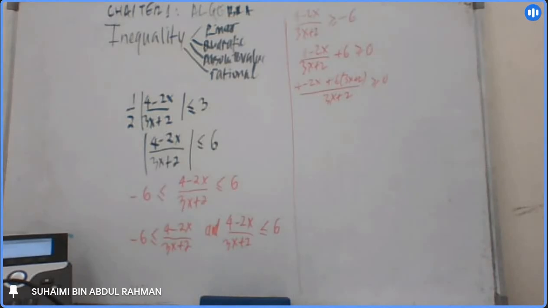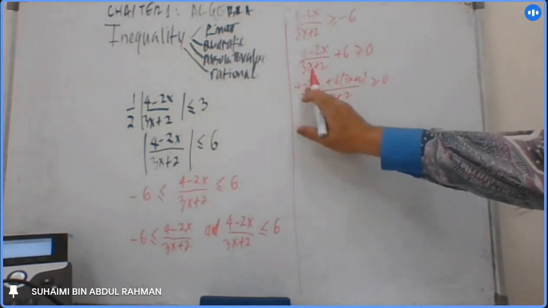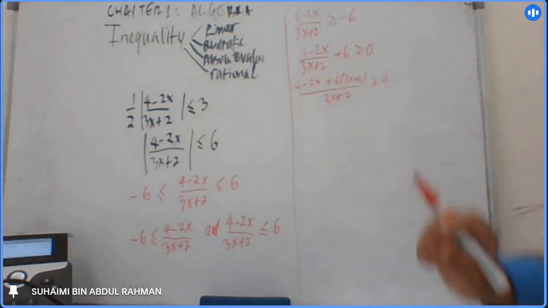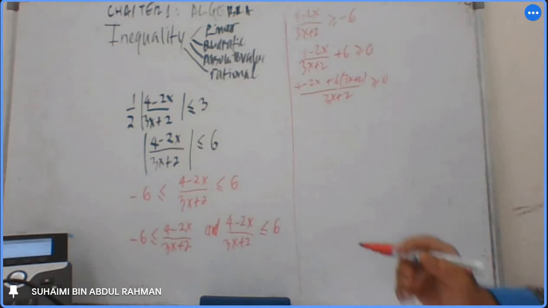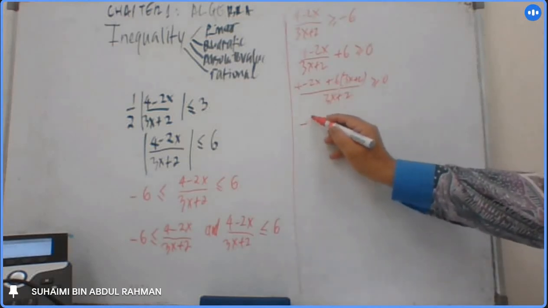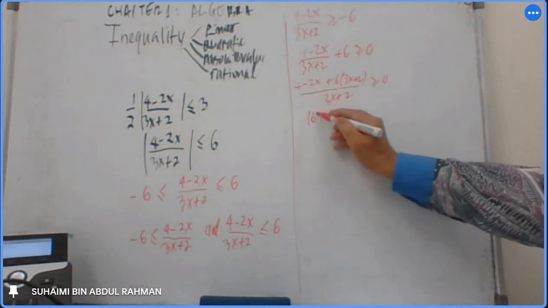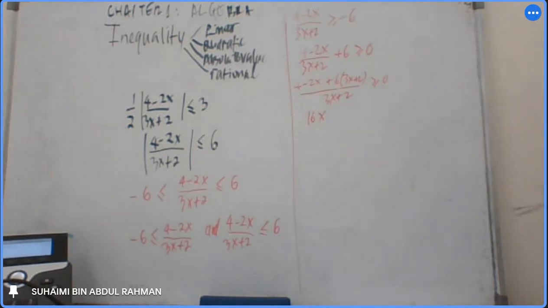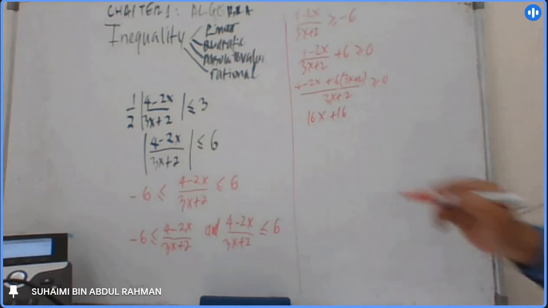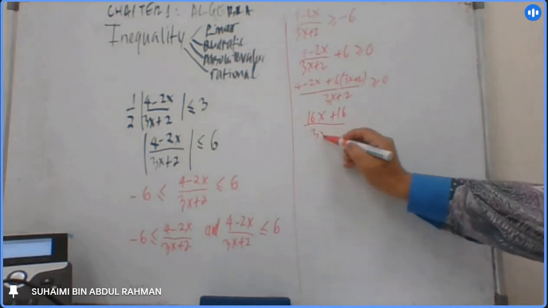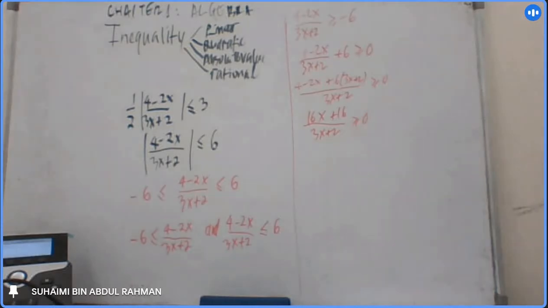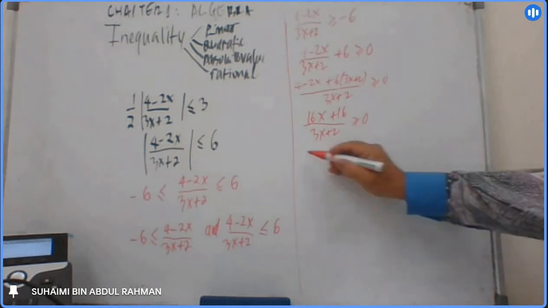So what we have is minus 2x plus 18x, 4 plus 12, which gives 16x plus 16 over 3x plus 2 greater than or equal to 0. Right, so critical numbers.